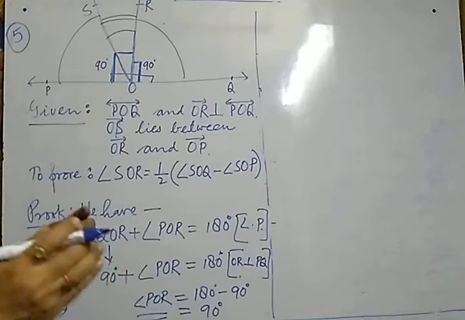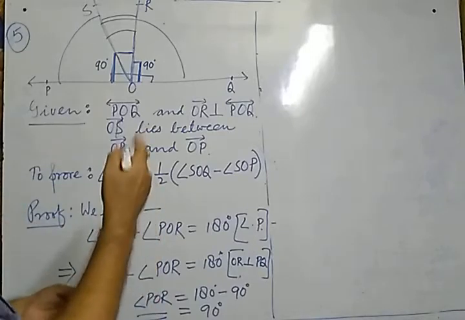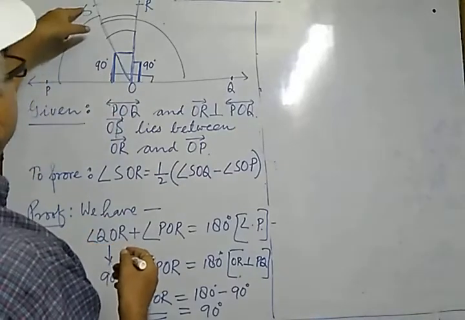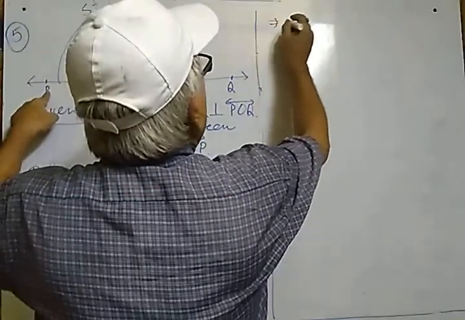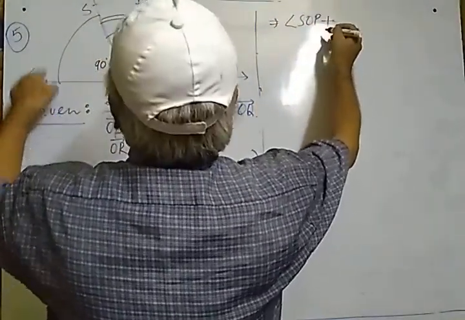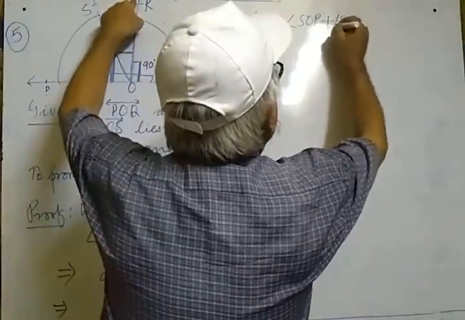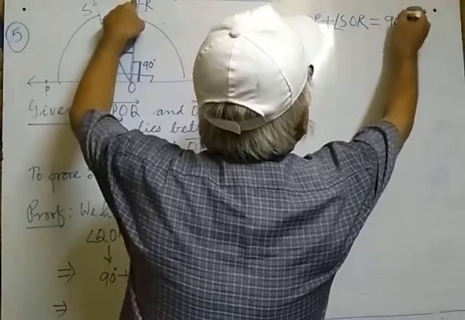And what are those two angles? We have to mention there. So this angle is POS or SOP. So this implies angle SOP plus angle SOR is equal to 90 degree.